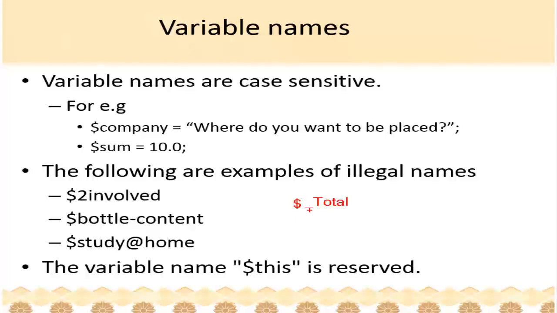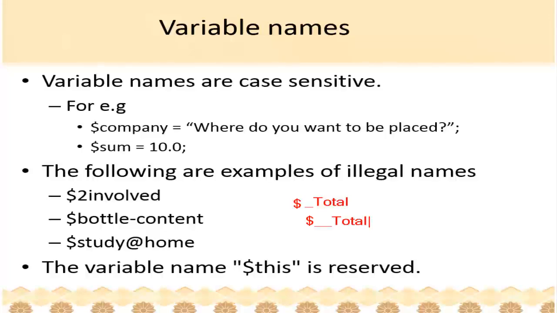You can say dollar sign, start with an underscore and then use a variable. It's perfectly legal to use it. And let's put one more thing. You can use underscore, underscore, and total. This is also legal, but both of them are discouraged.